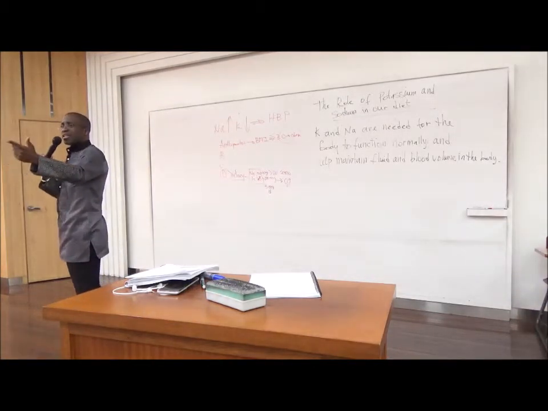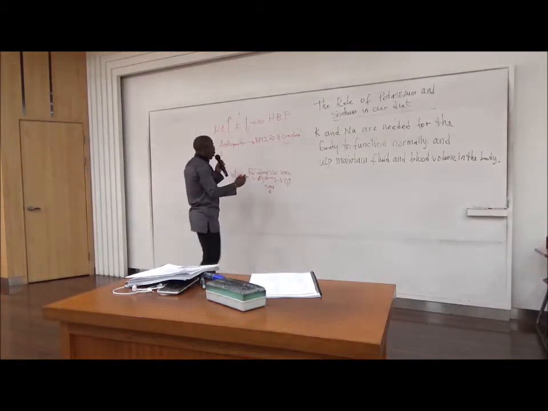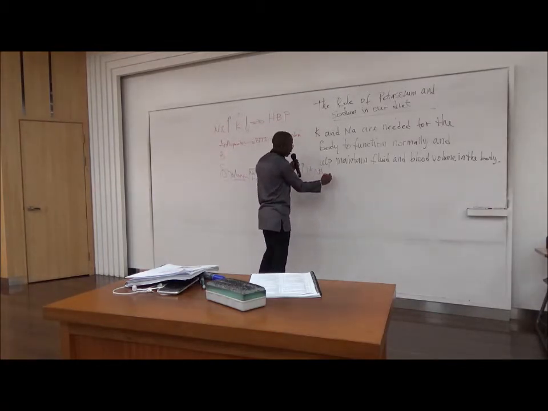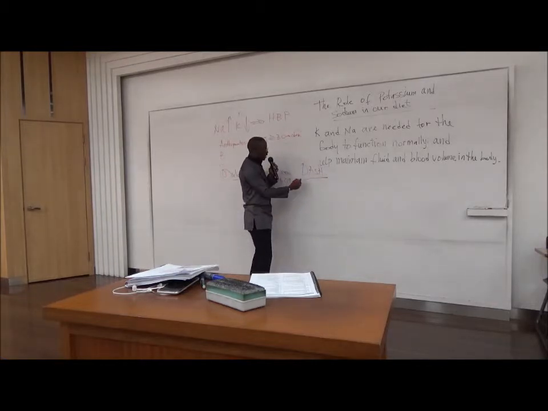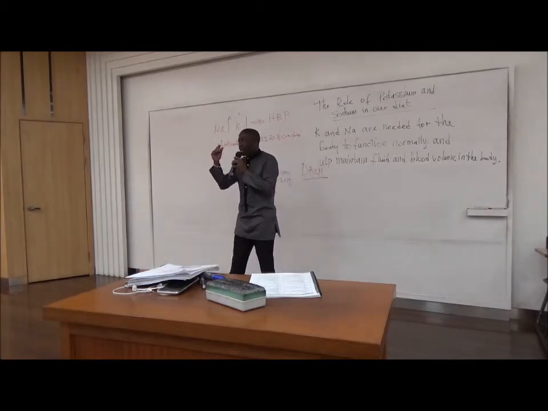What do we learn? Exactly. We call it the DASH diet plan. What did we learn about it? The D is for Dietary Approach to Stop Hypertension. That's the way you think.